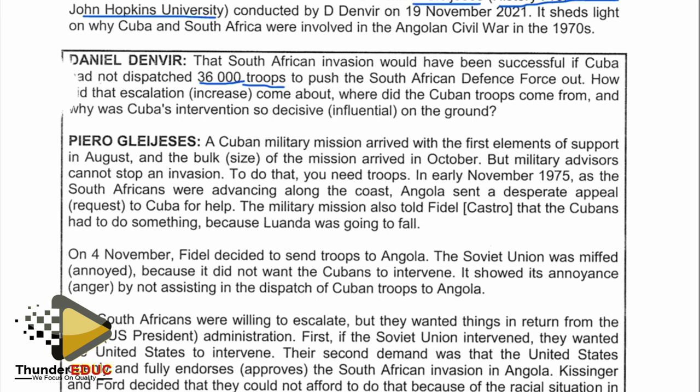Or what else can we say? We also have prominent names being mentioned here. It mentions Ford, who was the US president. The source also talks about the Cuban Fidel Castro.